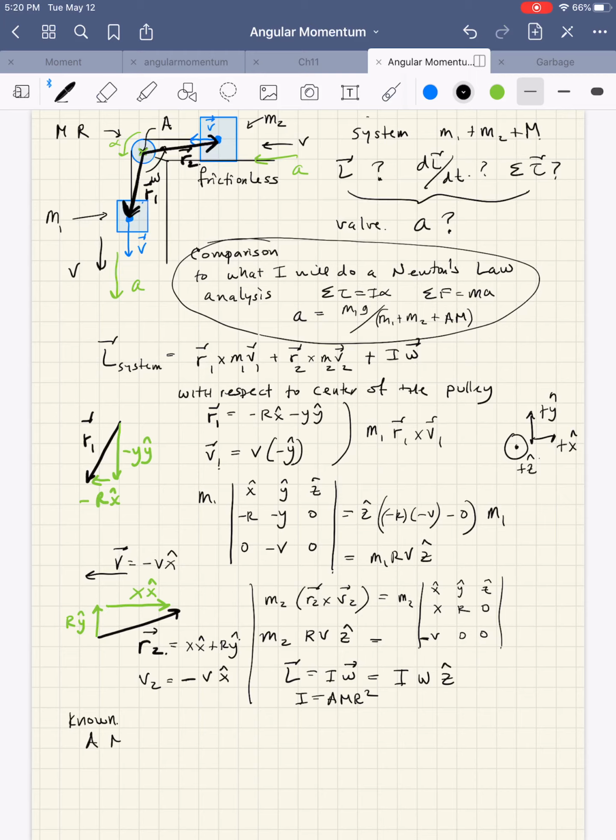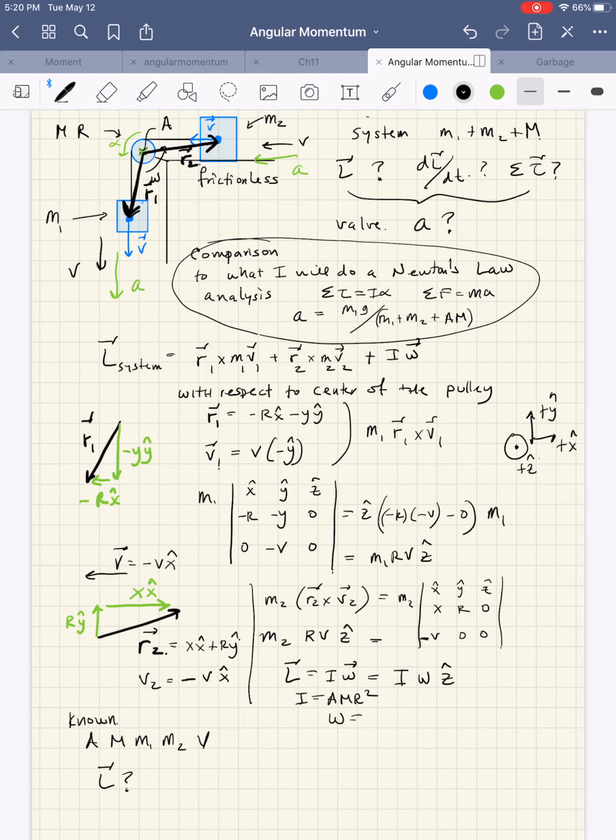I'm going to know A, M, M1, M2, and V. But I don't know omega. And remember, what I'm solving for is just angular momentum total. So at this point, I really do want to get this out of the omega.